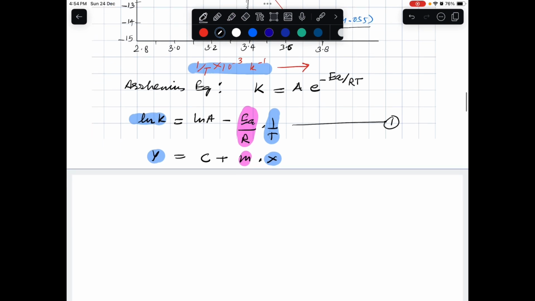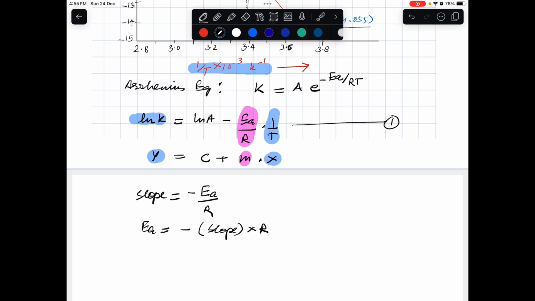We will write here: slope is equal to minus, because the negative sign is there, EA upon R, or energy of activation is equal to minus slope into R.